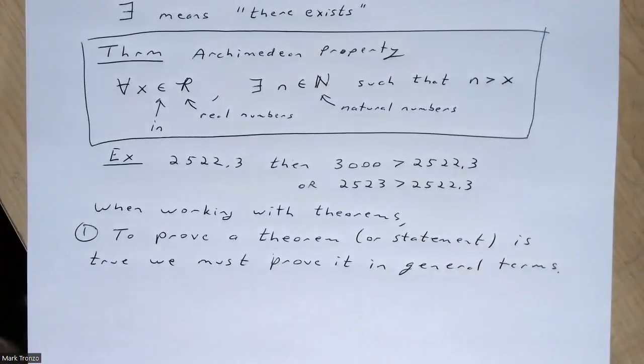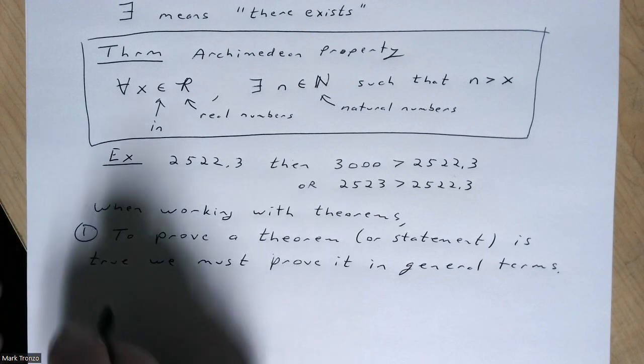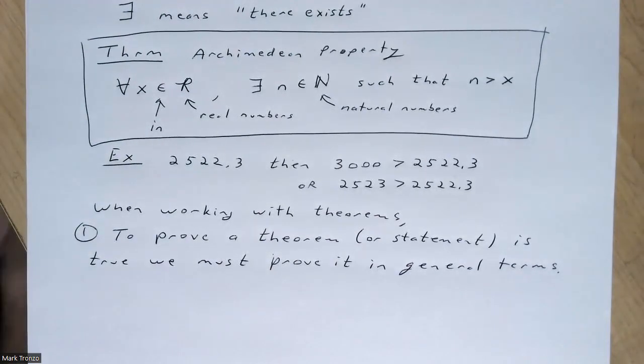We can't just go through and pick a bunch of values and show what works for a whole bunch of numbers. Therefore, that proves it. We have to prove it in general terms, because sometimes something might work for hundreds, thousands, even millions of examples, but then there might be one time out there where it doesn't work.